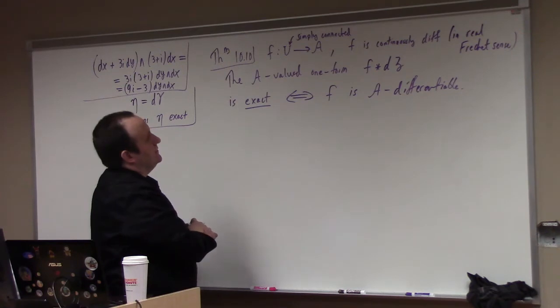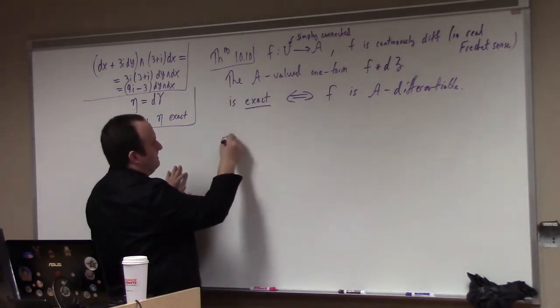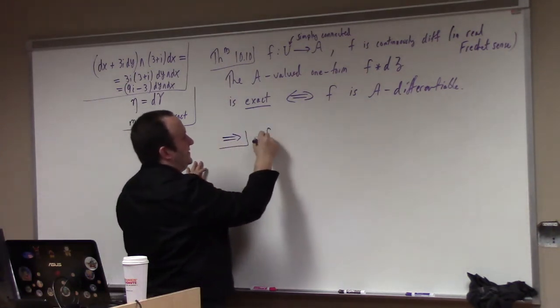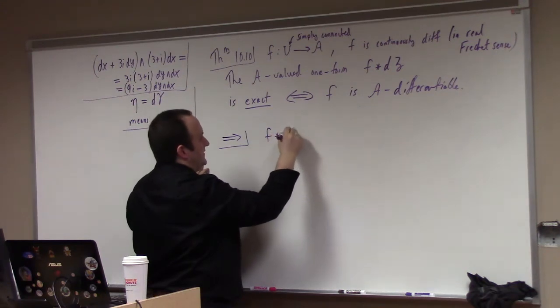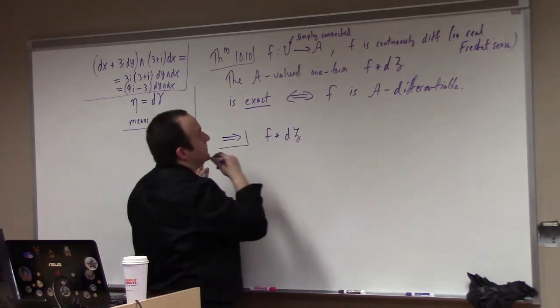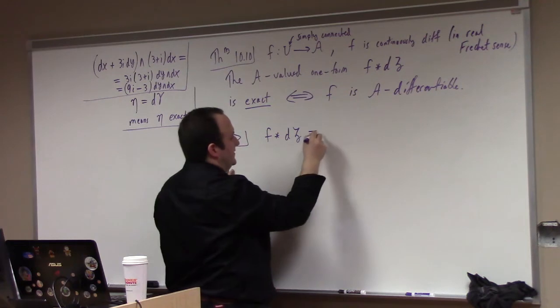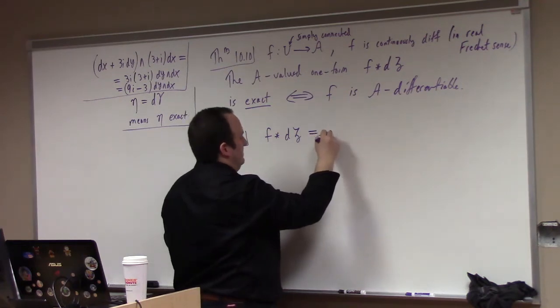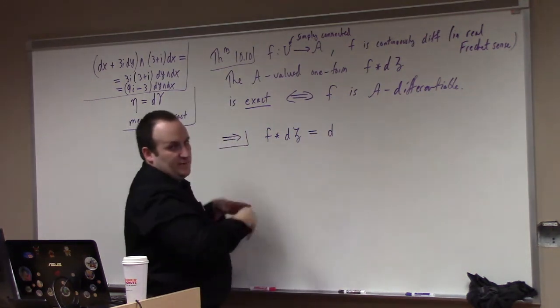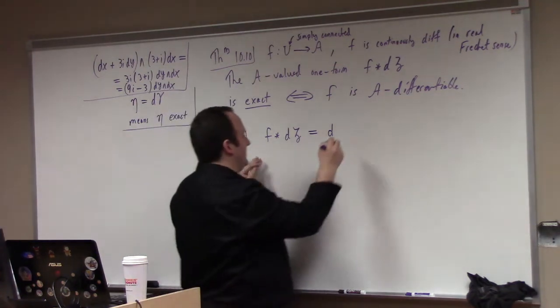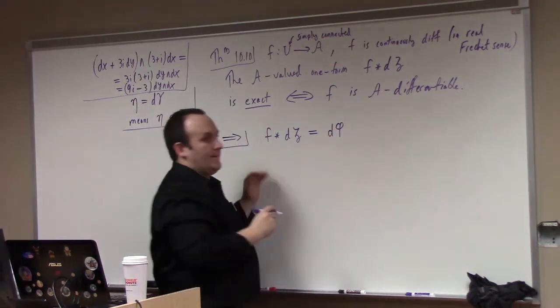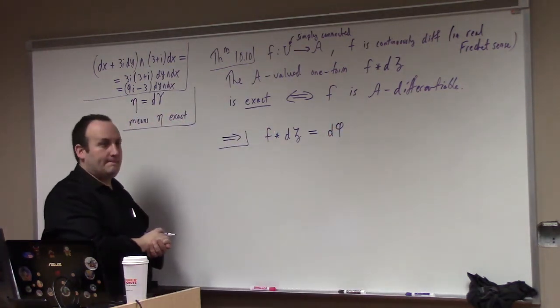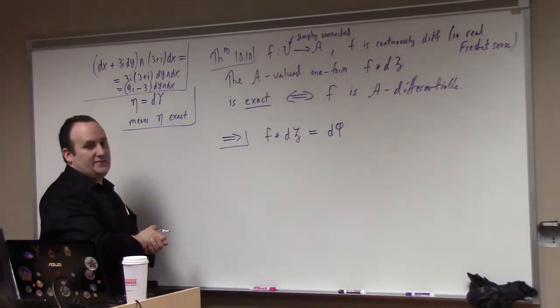So let's go this way. Suppose that f times d zeta is exact. What's that mean? This is equal to the differential of what? Something. Let's call it phi. My goal is to show that f is differentiable, right?